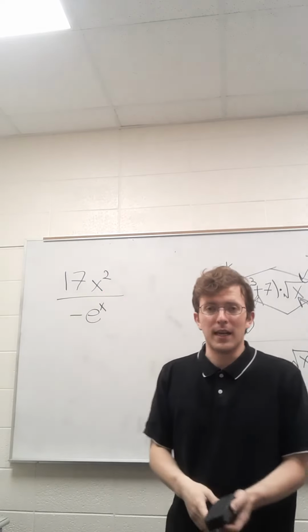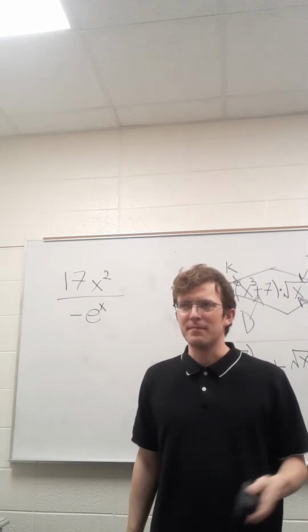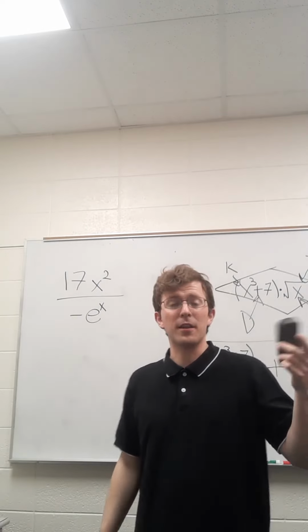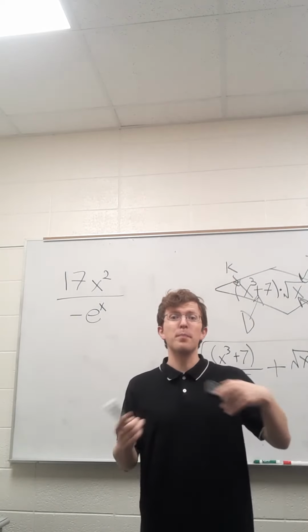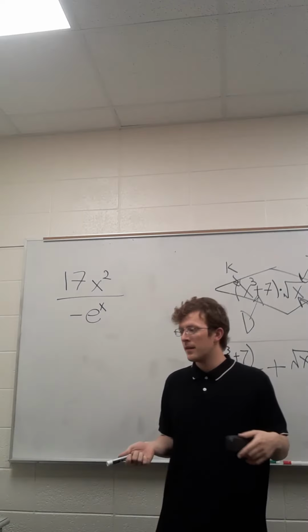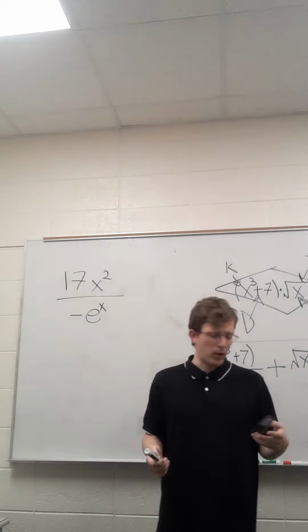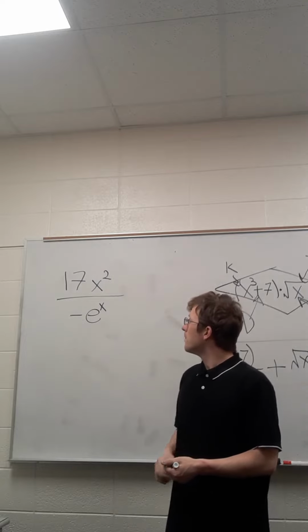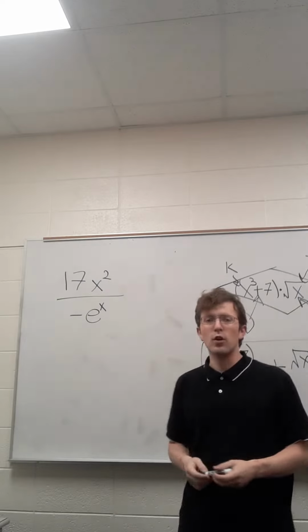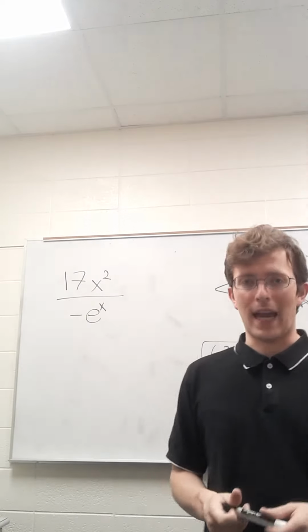I can still do it. I'm fine at it, but it takes a moment. Okay, what's the next step? I've got to think through it. Division is the opposite of multiplication, and when we're doing things that are the opposites of stuff, it's more complicated. And we've talked about that quite a bit. Now, okay, 17x squared over negative e to the x.